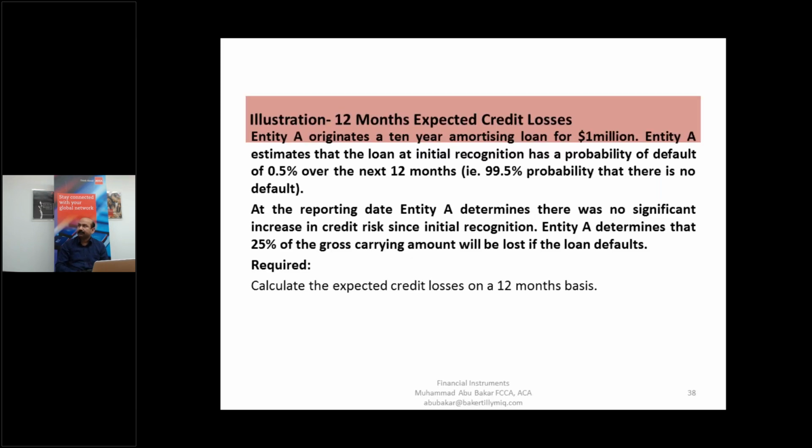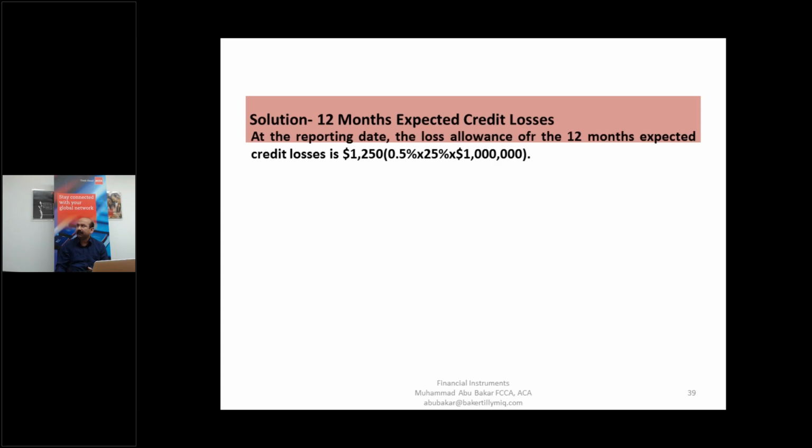As we can see from the last slide, 1 million is the carrying value of this loan, and probability of default is 0.5%. And as a result of this default, 25% is expected to be lost. So when we multiply all these figures, this will give us the 12 months expected credit losses. So this is the way you can make your calculation.